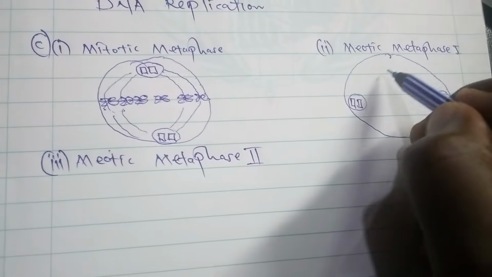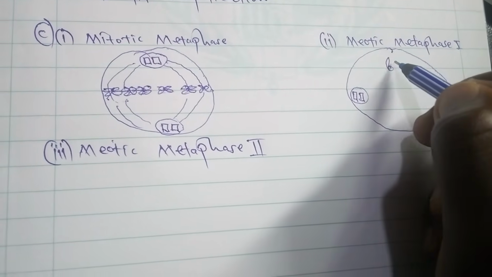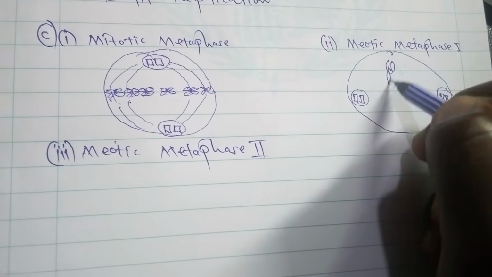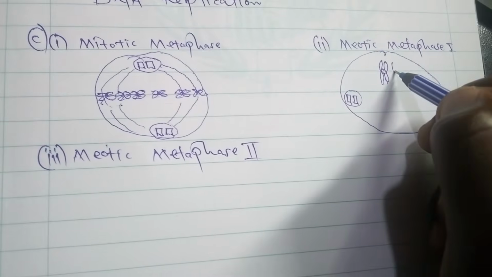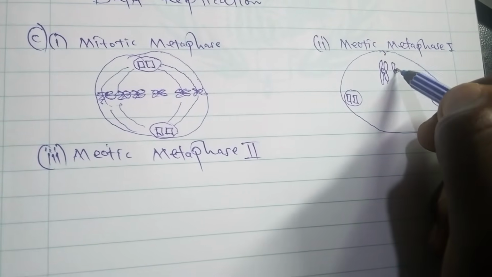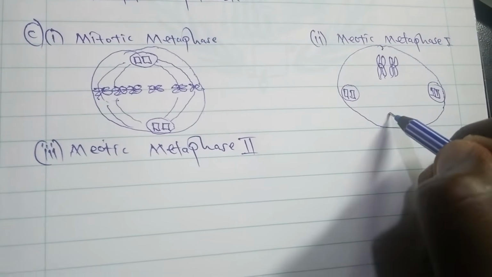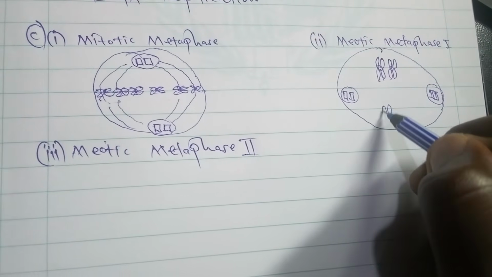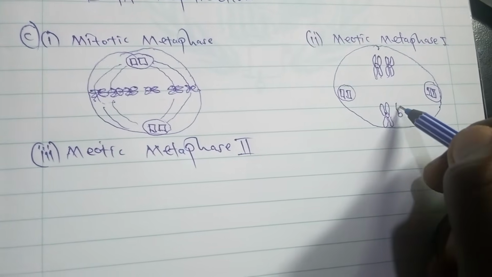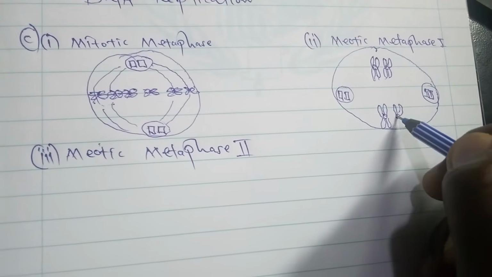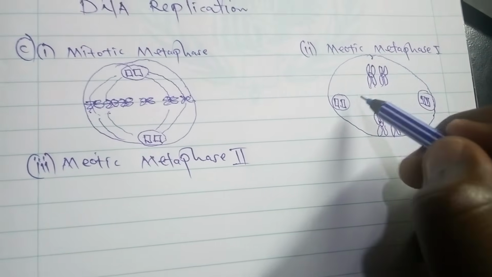So make sure that you draw the things that are visible. Homologous chromosomes meaning two pairs of chromosomes, they align at the metaphase plate.